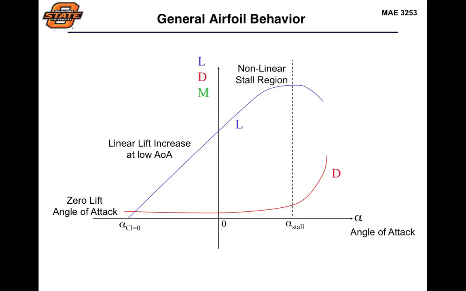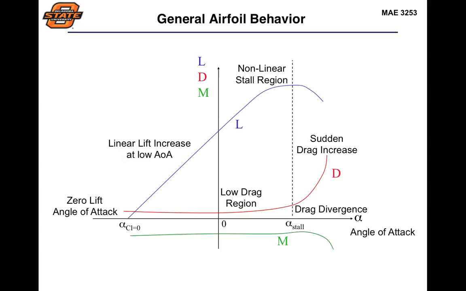We will generally have some region which is fairly flat, and then once we start to get into those higher angles of attack, particularly around that stall region, we will see that drag increase very, very quickly. And then finally we have our drag divergence portion here, where we have that large increase in the drag, which is also going to give us a nonlinear region for our moment coefficient.